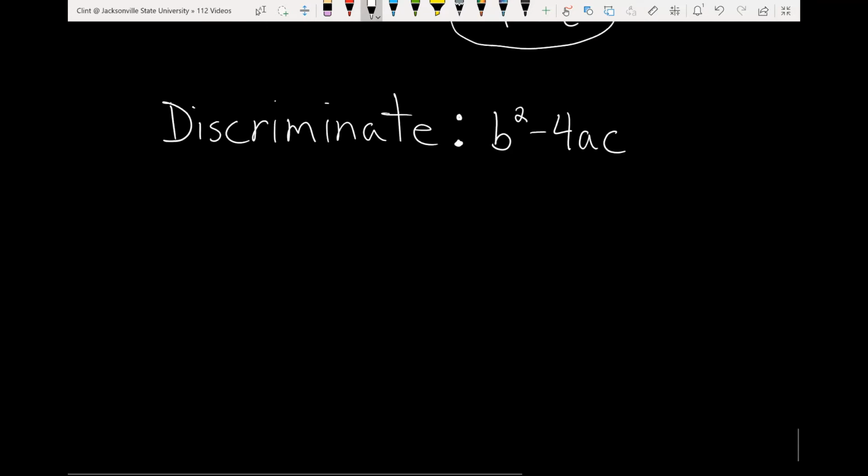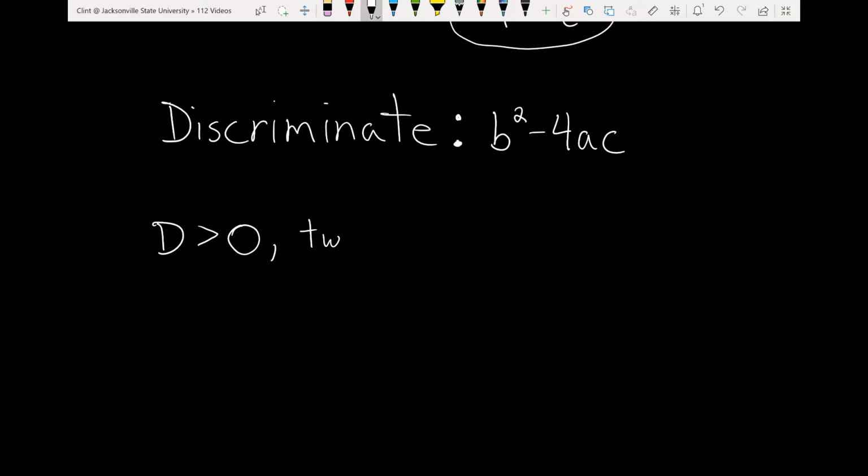So the way we tell what type of solutions we're going to have is if our discriminant, and I'm just going to call it capital D, turns out positive, so bigger than 0, we're going to have 2 real solutions, plus or minus 2 solutions. It's positive, both real.